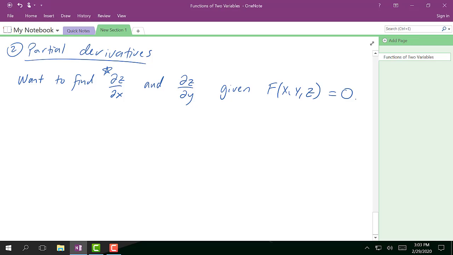So what we do, we take the partial derivative with respect to x of this, and that's going to be equal to the partial derivative with respect to x of 0.